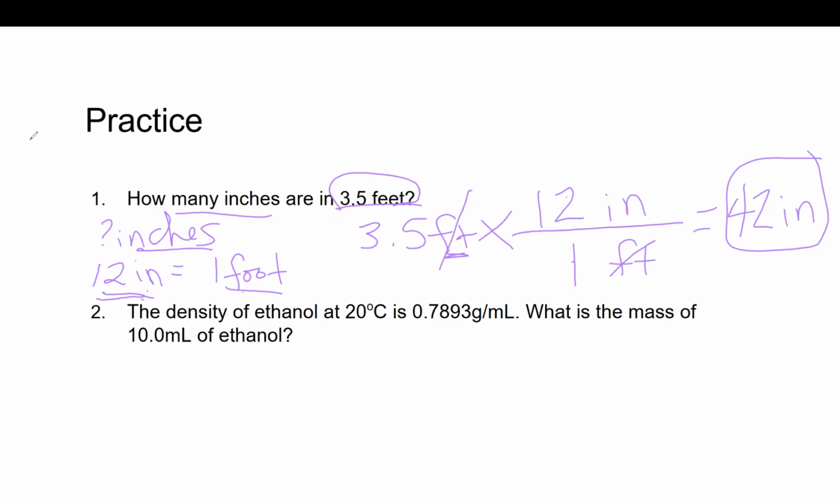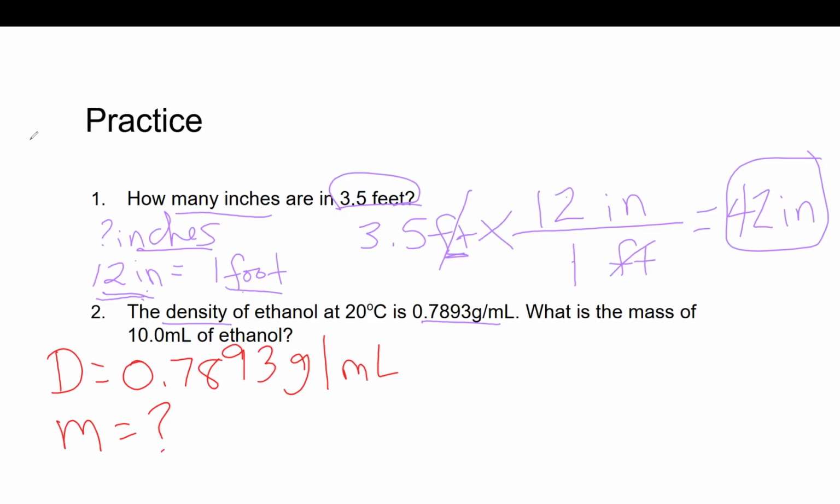We have the density of ethanol at 20 degrees Celsius is 0.7893 grams per milliliter. And this is density, so I'm going to write this down. So density equals 0.7893 grams per mil. What's the mass?